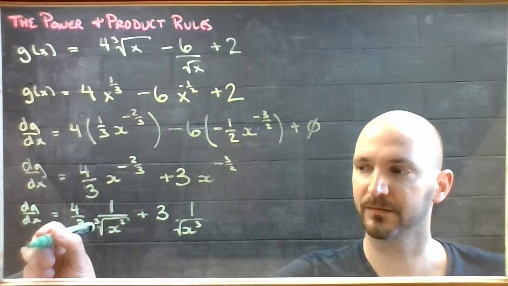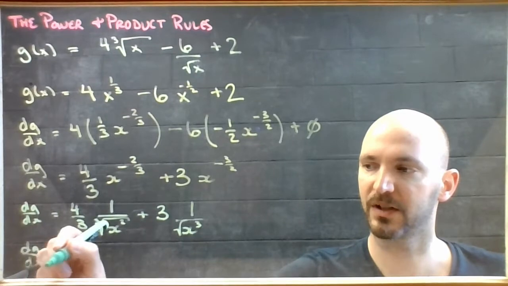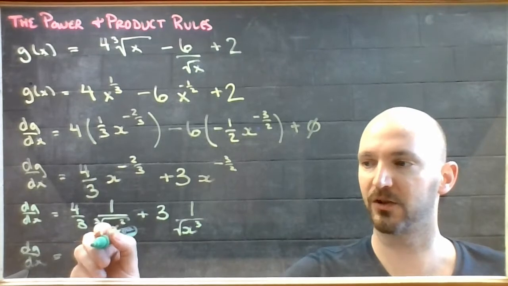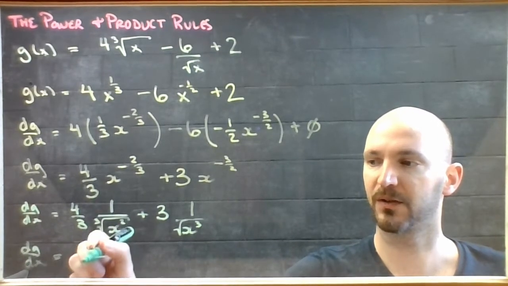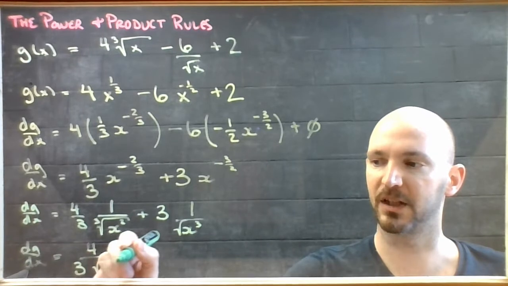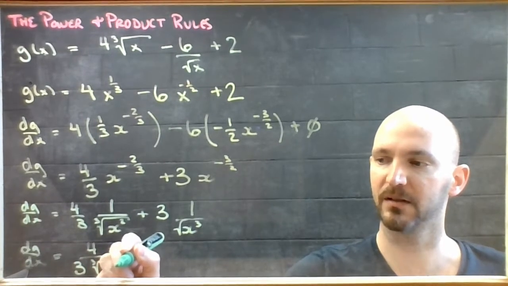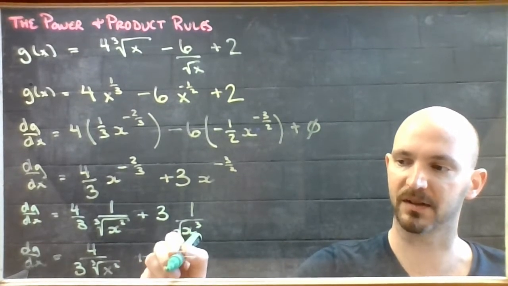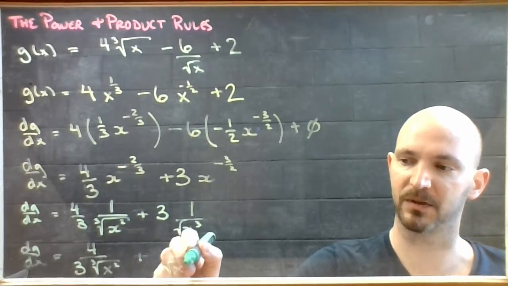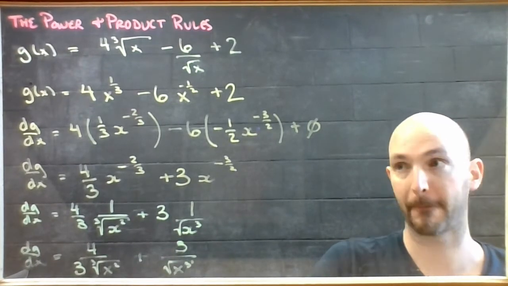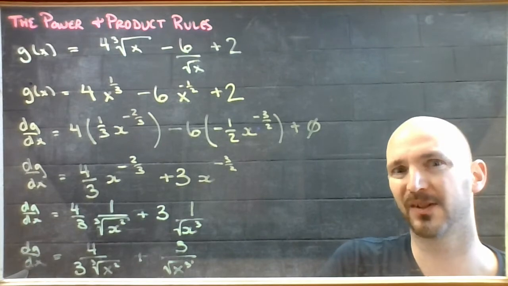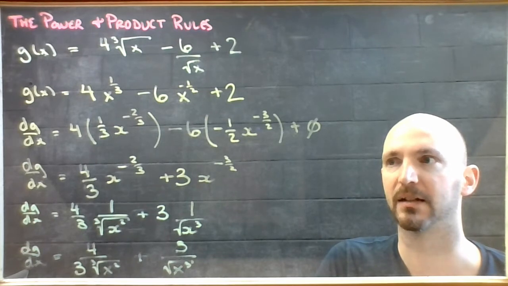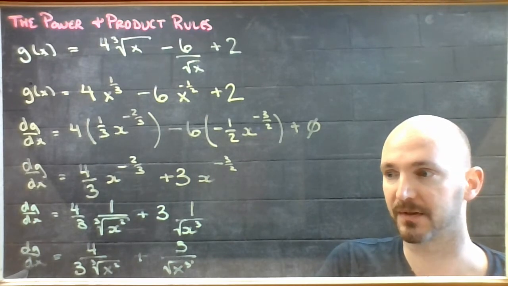So altogether, if I wanted to compile these as a single fraction, 4 times 1 in the numerator, 3 times the cube root of x squared, plus 3 over the square root of x cubed. There you go. So power rule applies, and the only tricky part is trying to manage this exponent notation, and you will get better at that as you do more examples of this.